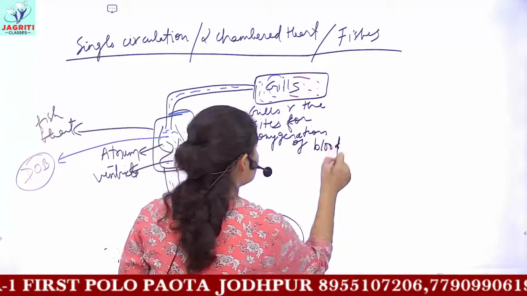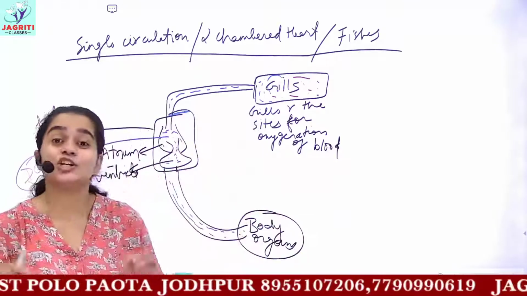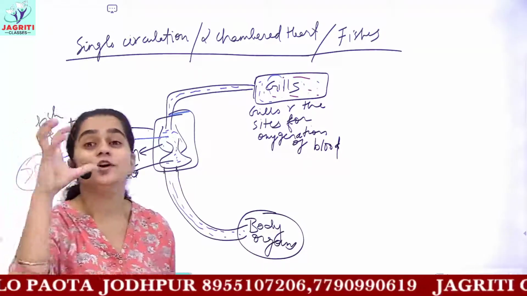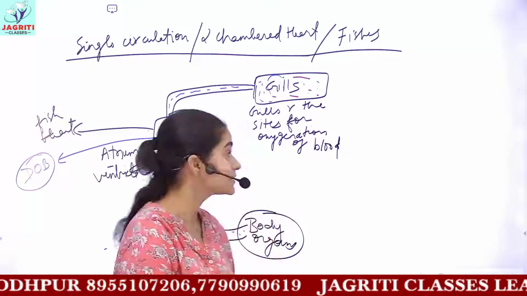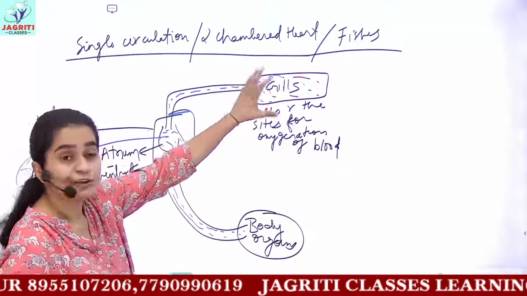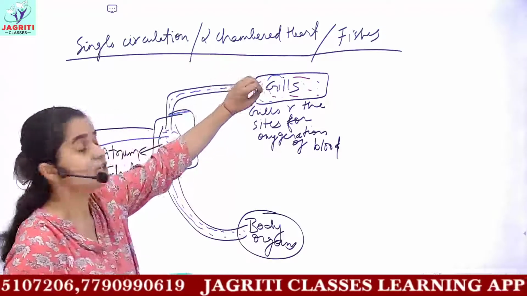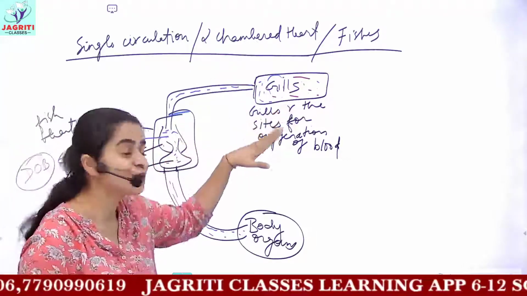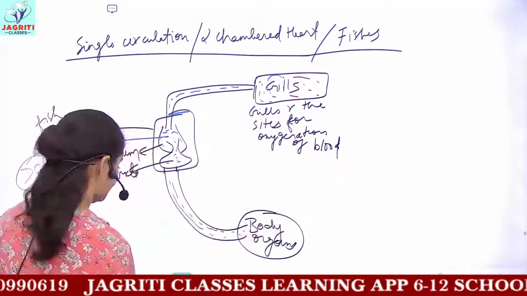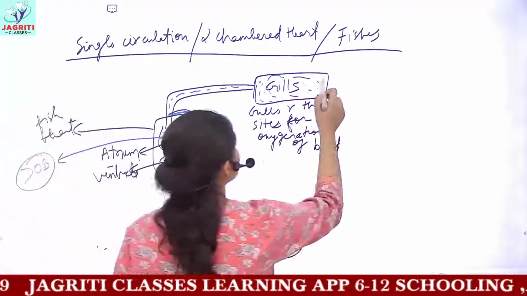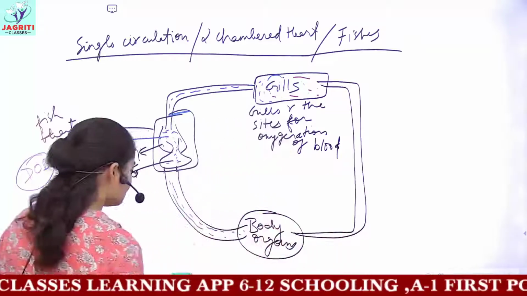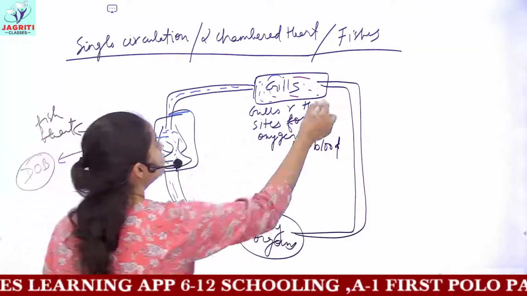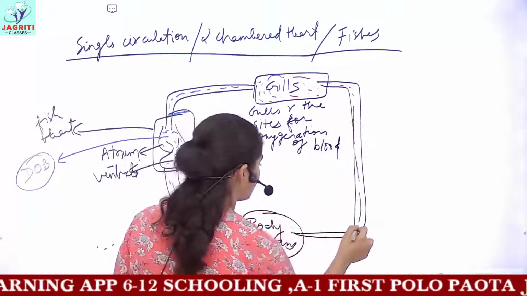In fishes, that is. And the site for oxygenation of blood in humans is the alveolar surface, or you can say the lungs, the alveoli present in the lungs. But in fishes you have these gills which are the sites for oxygenation of blood. And from the gills, this oxygenated blood is transported through a network of arteries and capillaries to the desired organs of the fishes.